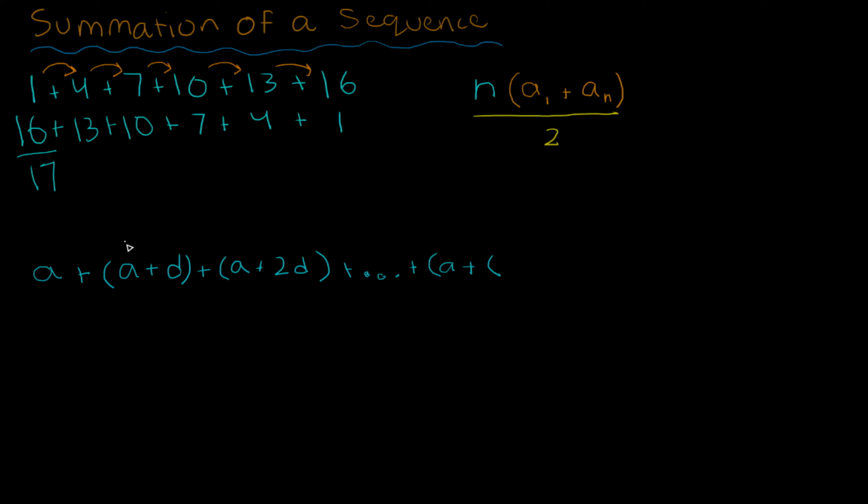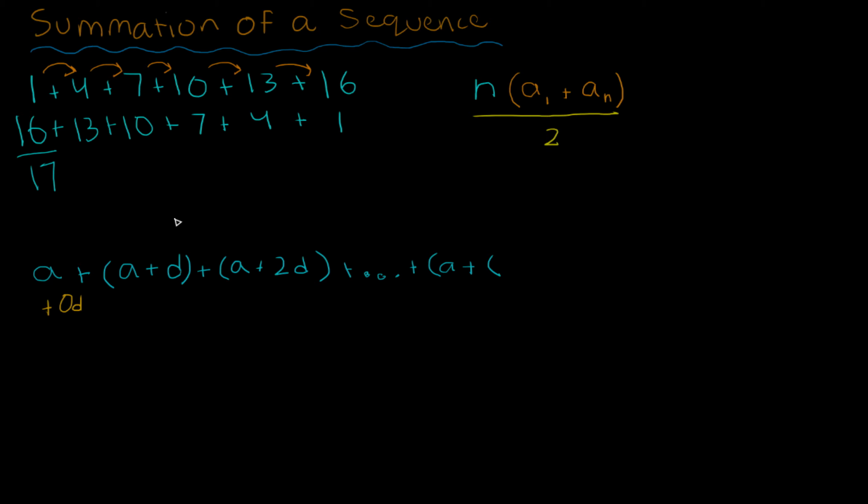Let's see. Let's say we had 5 terms in the sequence. We know that we have a 0 coefficient of d here. So just to make that clear, I want to write there's an invisible plus 0 times d over here, to make it clear that we're going from 0d to 1d, and so on.